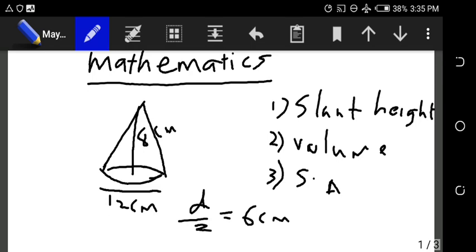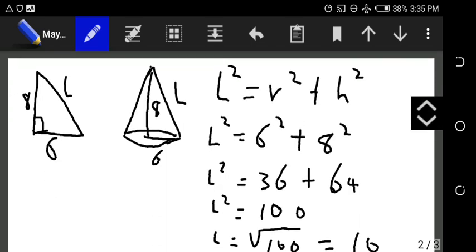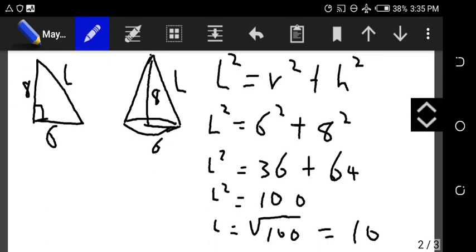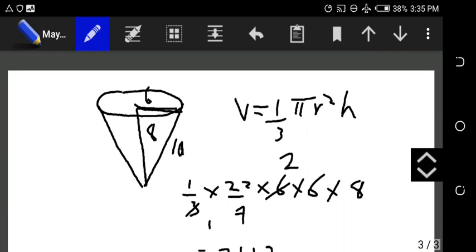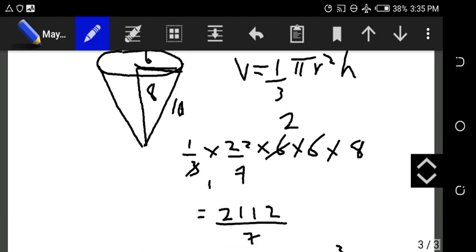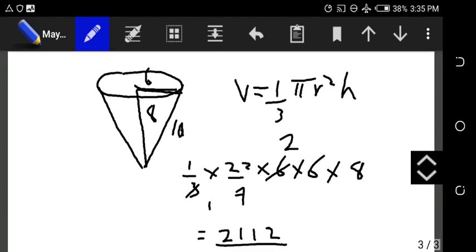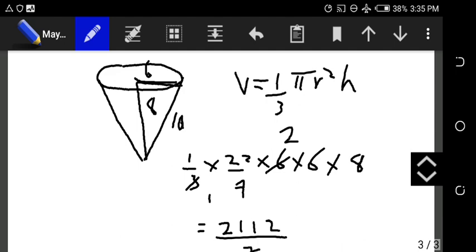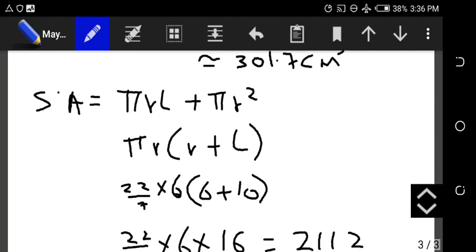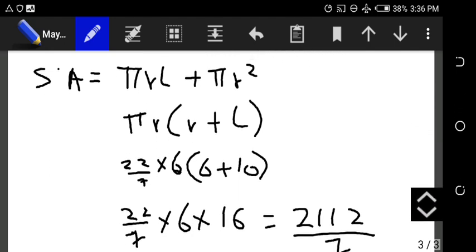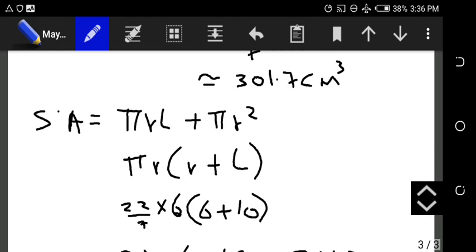For now, go through this, make sure you understand what we've just done: how we used the Pythagoras theorem to evaluate the slant height, how we solved the volume using the formula 1/3 pi r squared h, and how we solved for the surface area of the cone using the formula.